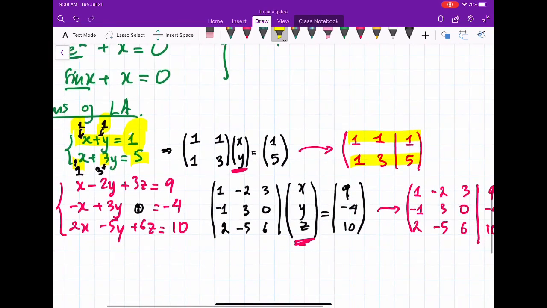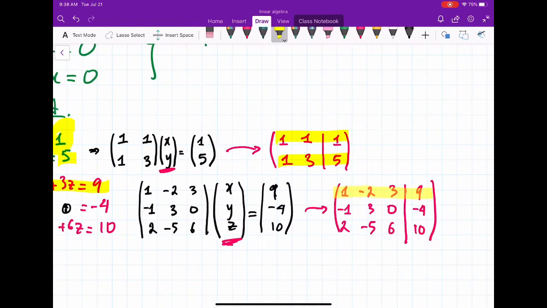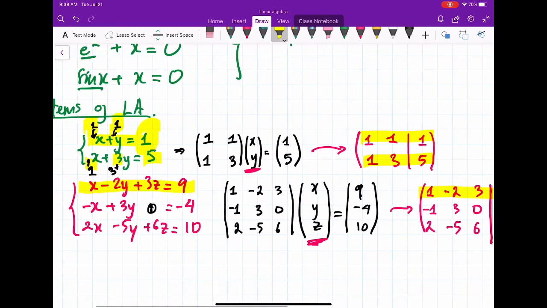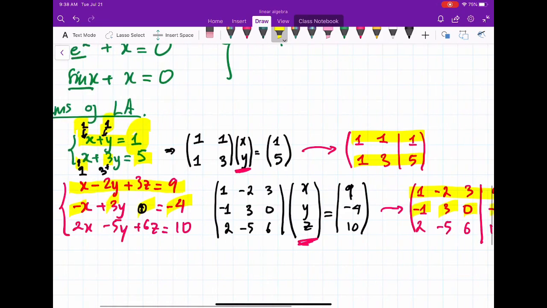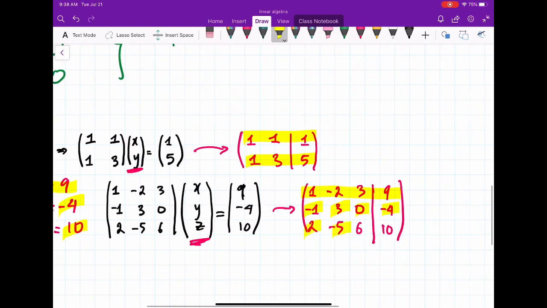And then what you have in here, 1, -2, 3, 9, I have right here. The second equation, -1, 3, 0, -4. Next one, 2, -5, 6, 10. So that's how we can convert a system of linear equations into matrix form.